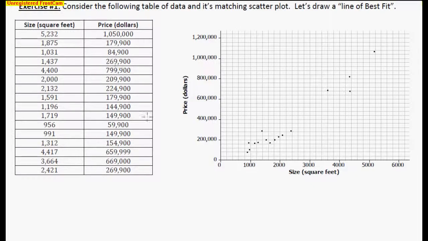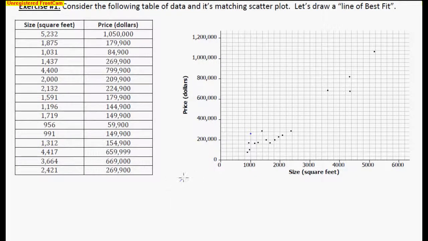But we've taken all of this data and we've plotted the points for you, and we have this scatter plot right here. Keeping those two things in mind that we mentioned before, we want to try to draw the line of best fit for these scatter points. Now, again, I mentioned all year, I don't have a ruler that I can use to draw the line of best fit.